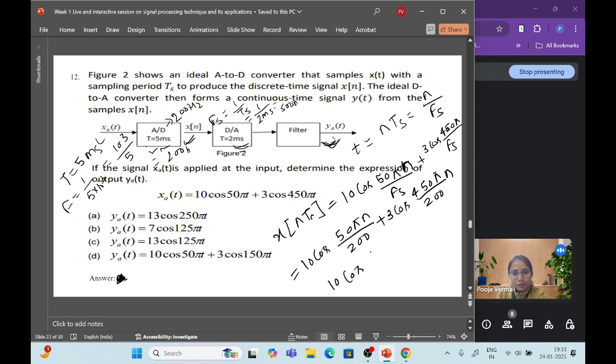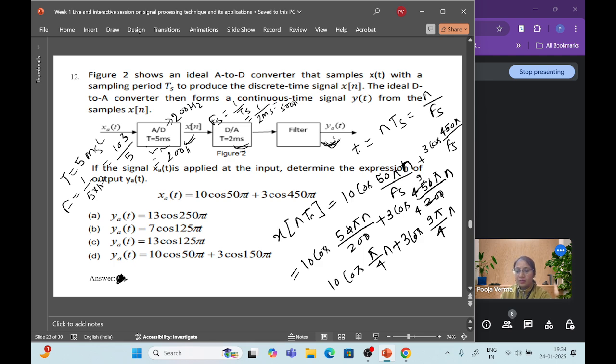So if you divide it, how much will we get? Pi by 4 n, right, here, plus 3 cos. Again, if you divide it, 9 pi by 4 n. So we can write it in the form of 2 pi plus theta here.